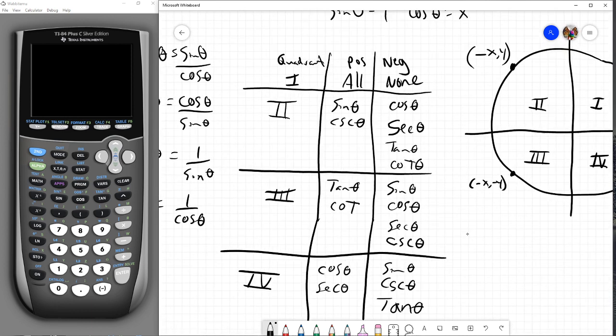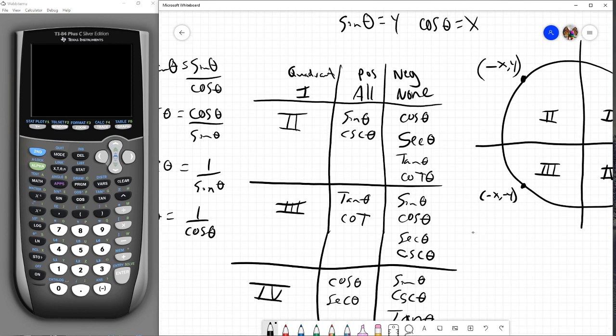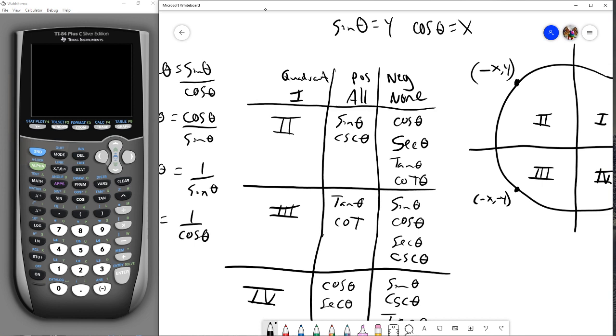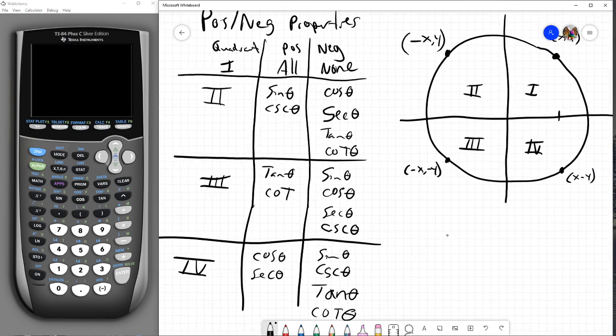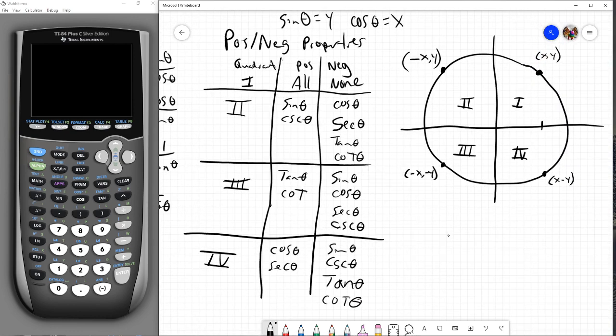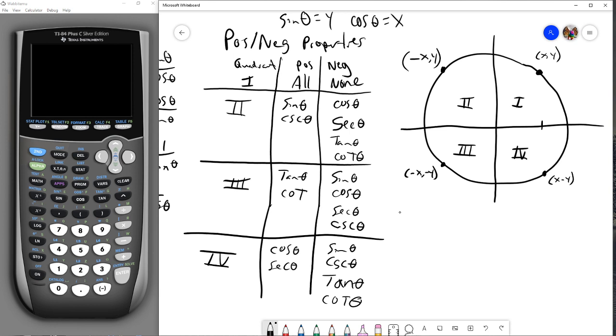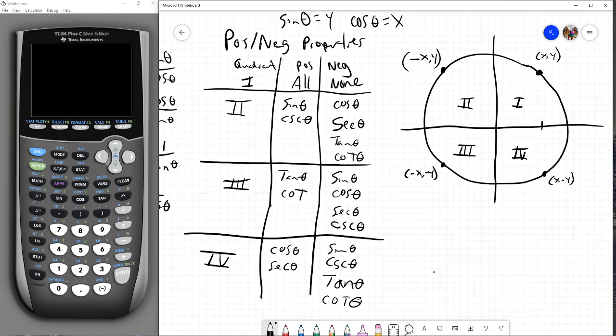So I guess we'd call these the positive negative properties. So let's put a title, positive / negative properties. And another set of properties we're interested in is called the even odd properties. So I'm going to leave this here for a moment so you can have that for reference if you need to write that down. Pause.